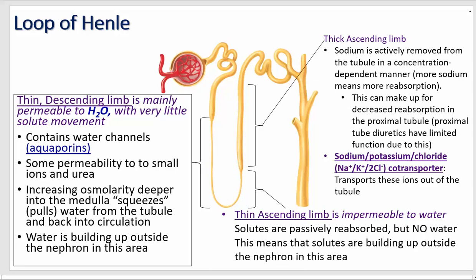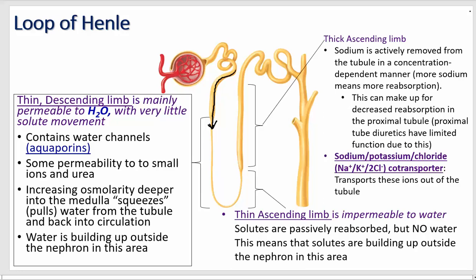So as we move down, out of the proximal tubule, the proximal convoluted tubule, we get to this point where the loop of Henle says, okay, all those particles that we were pumping out, we're going to stop pumping those out.